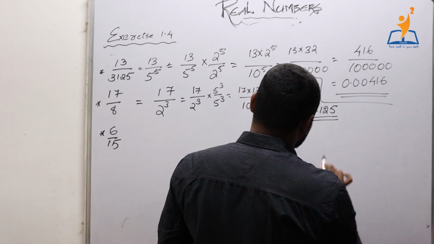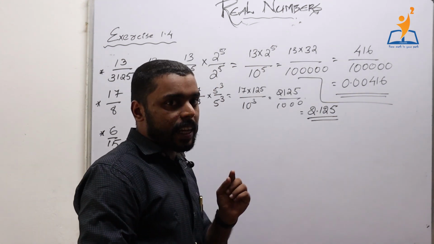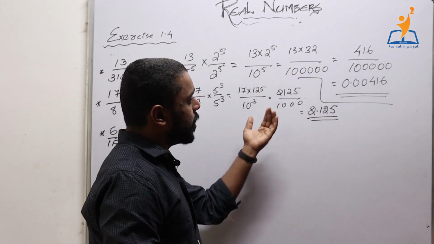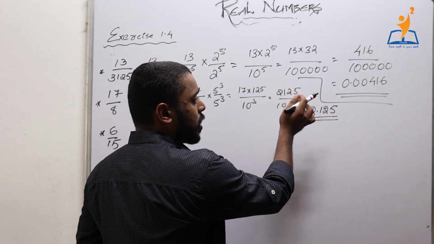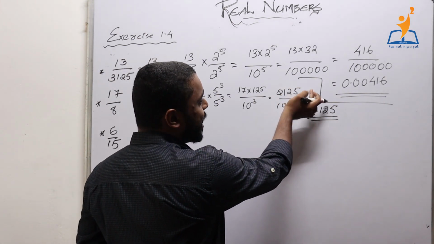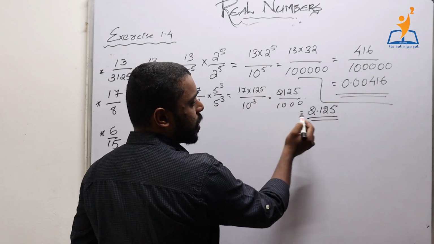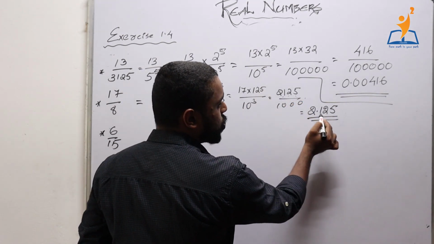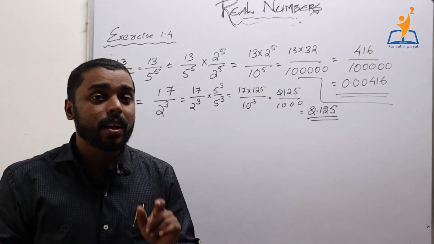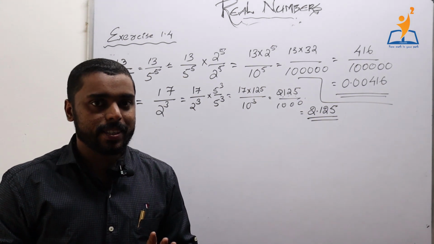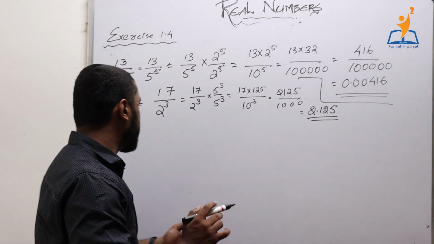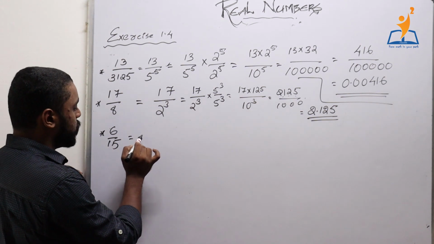It is equal to 2.125. Since the denominator has 3 zeros, in order to find the actual number, it is only required to shift the decimal point 3 places to the left. So we shift 3 decimal places to the left to get the final answer as 2.125. Is it clear? Now we shall move to the next question. The next question is 6 by 15.